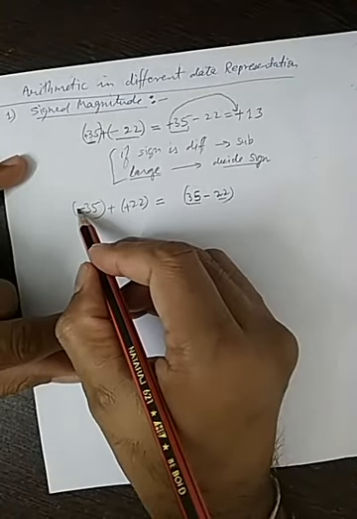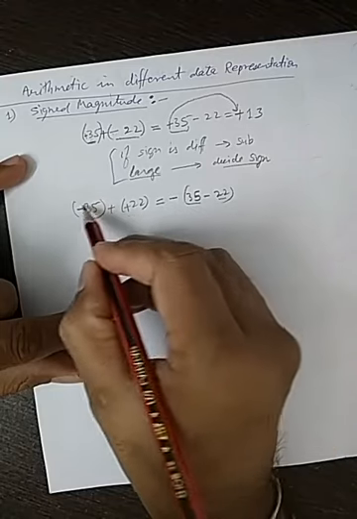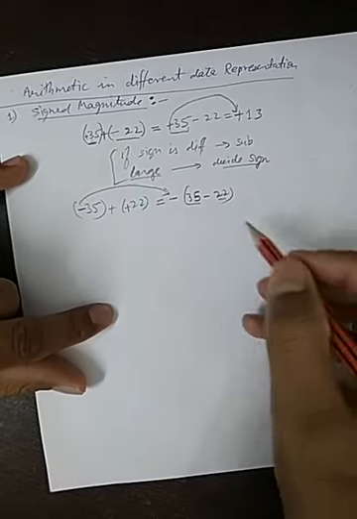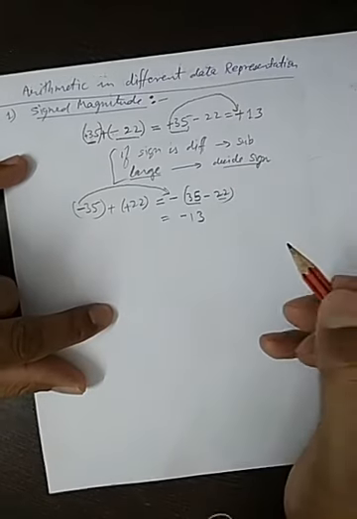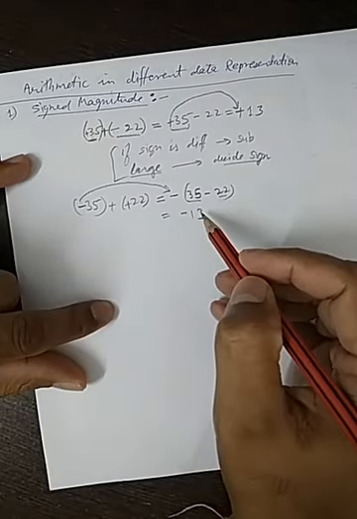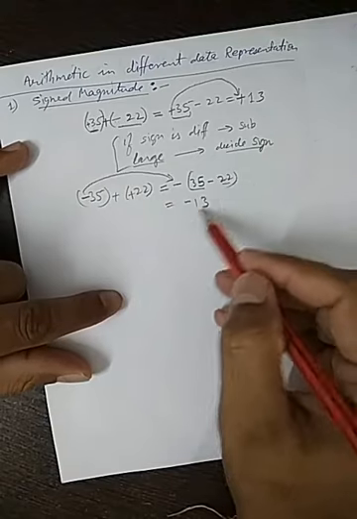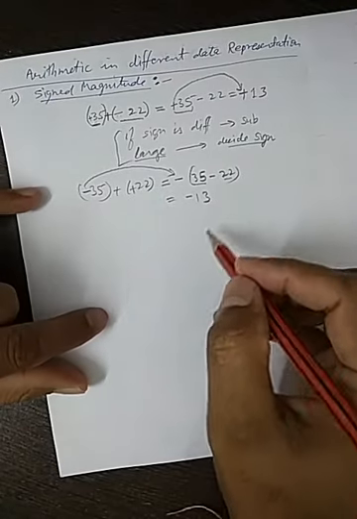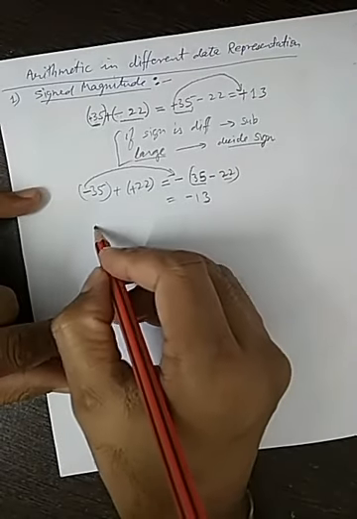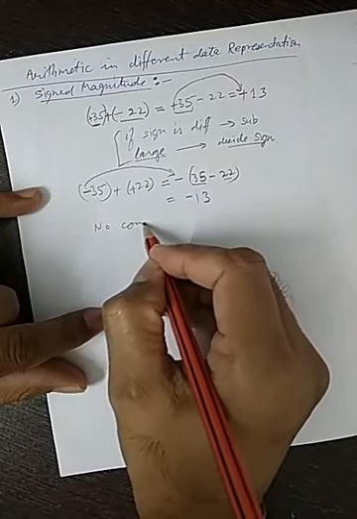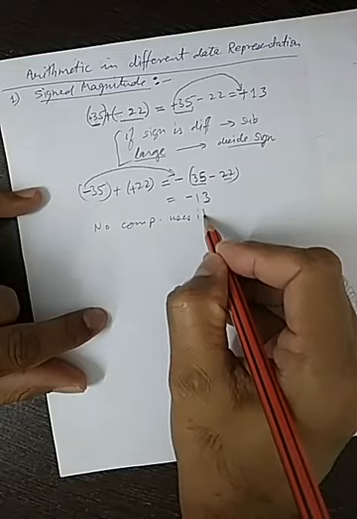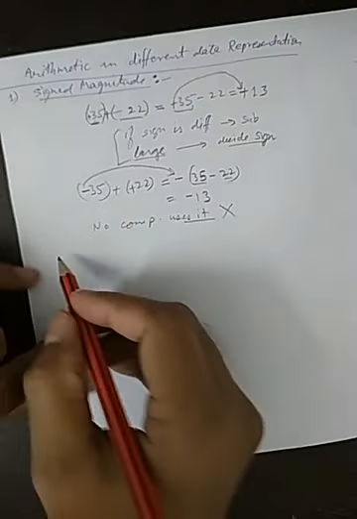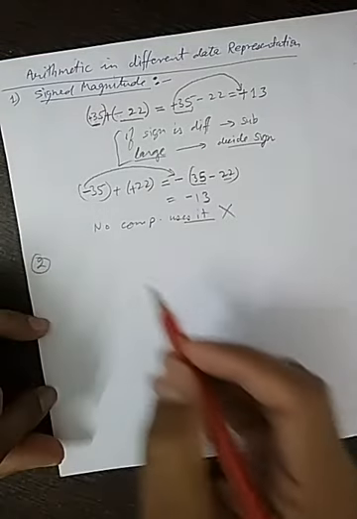The sign will be the sign of the bigger number. In this way, I will decide that the result is minus 13. So a lot of decisions are involved in this process. It becomes a very complex thing. That is why no computer uses sign magnitude representation. No one is going to use this due to these reasons.